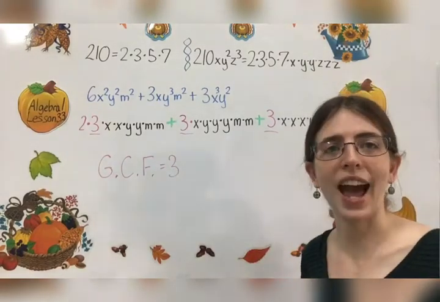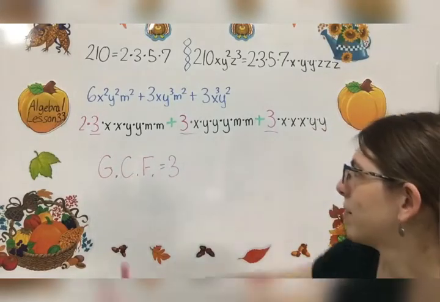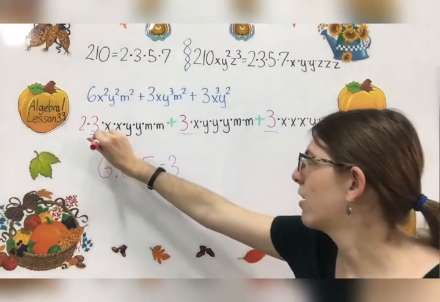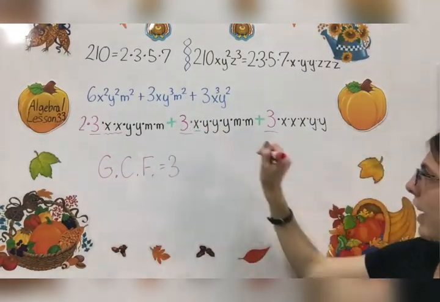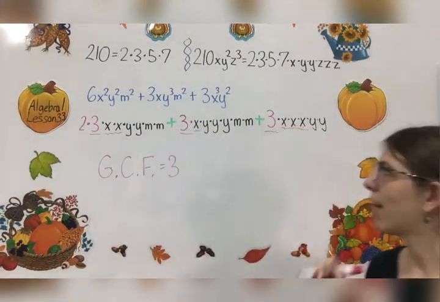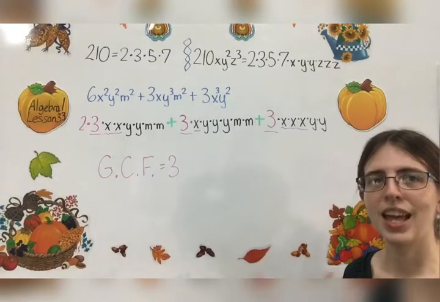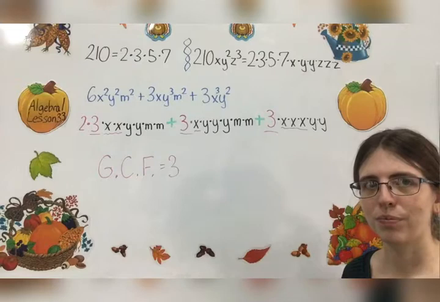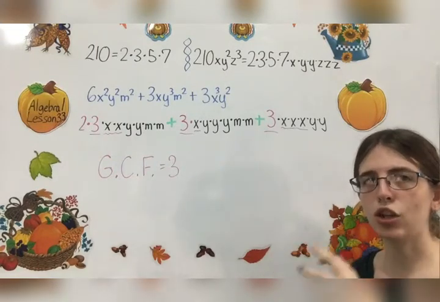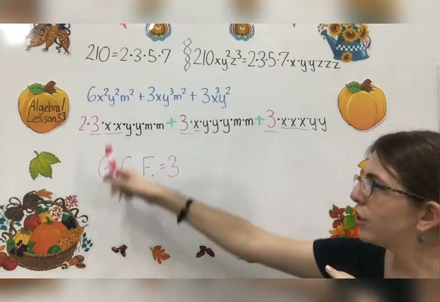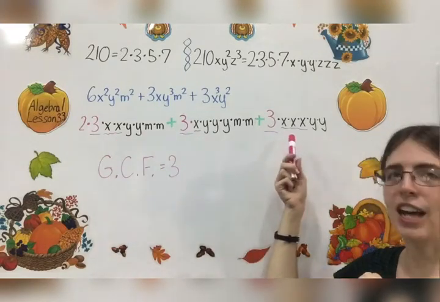Now let's look at the letters. Okay, let's start with the x's. Here I have 2 x's. Here I have 1 x, and here I have 3. Do I have x in every term? Yes, I do. What's the greatest number of times that it's used in every term? Well, here it's used twice, here it's used once, and here it's used 3 times.